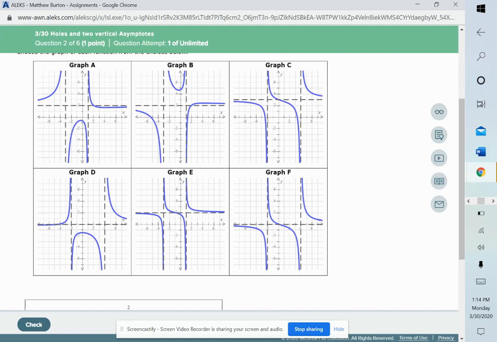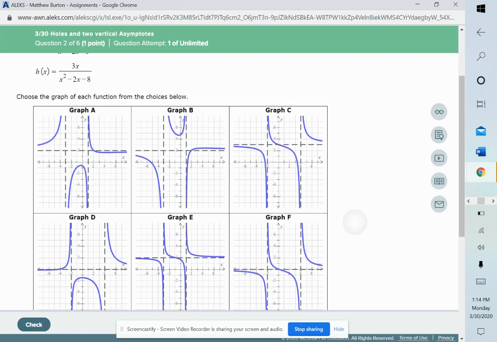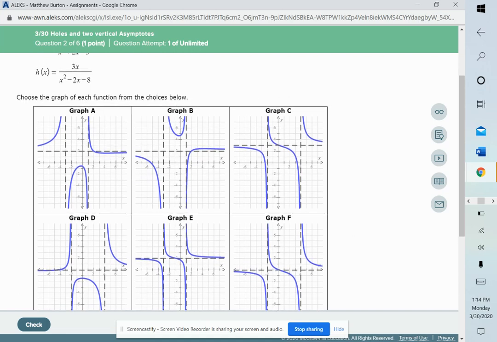Okay. And we're going to have to find the x-intercept. When does the x-intercept happen? When the numerator is 0. When you set 3x equal to 0, the answer is 0.